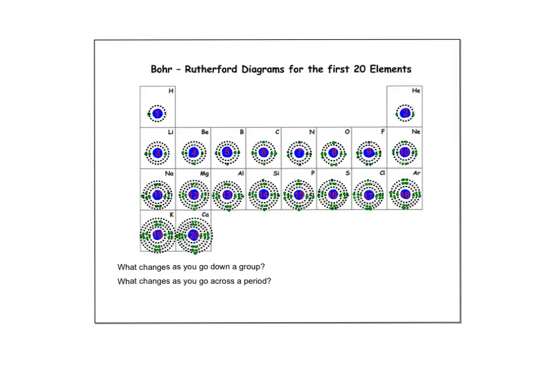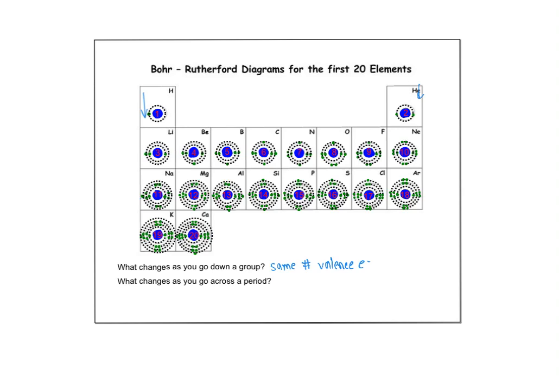So here's some Bohr models. The green are the electrons. So they're saying, what do we notice as we go down a group? So let's look down this group. What I notice is that we have the same number of valence electrons, right? 1 outermost, 1 outermost, 1 outermost, 1 outermost. Or you could do it here, right? 2, that's filled, right?